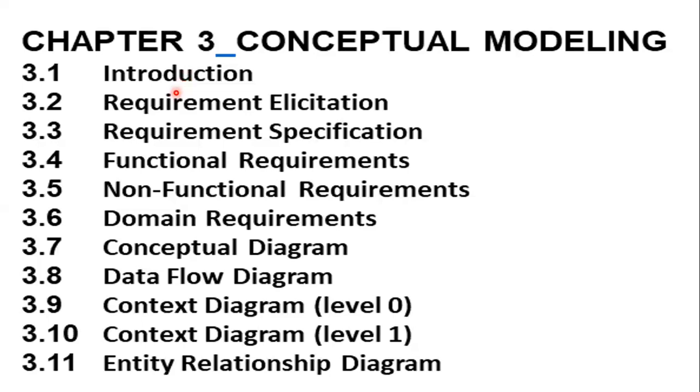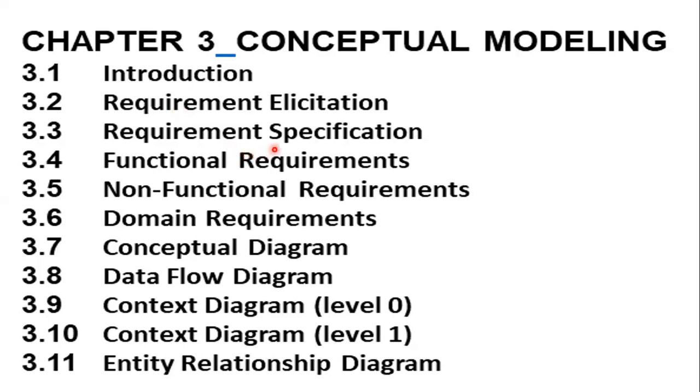Clear? Requirement elicitation. 3.2 is requirement elicitation. You express the requirements. Functional requirements, non-functional requirements, these have already been explained by your supervisor, by the project committee, that these are your functional requirements and these are your non-functional requirements. Fine.